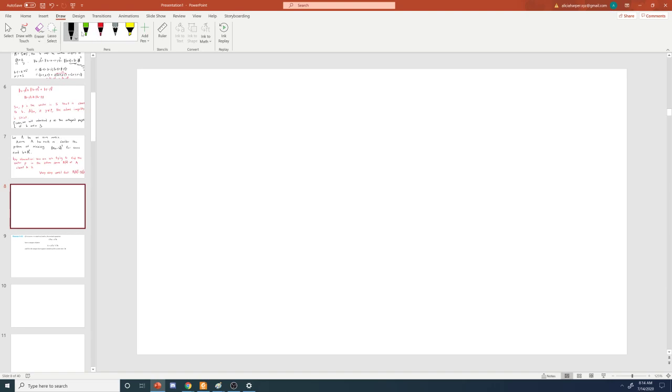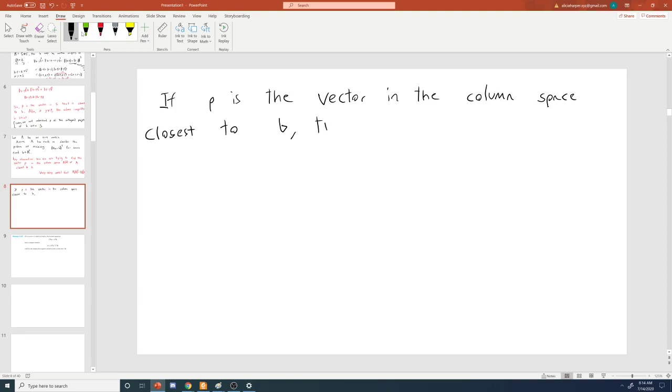If P is the vector in the column space closest to B, then we can look at the norm squared of AX minus P plus B minus P. And here's the key observation.